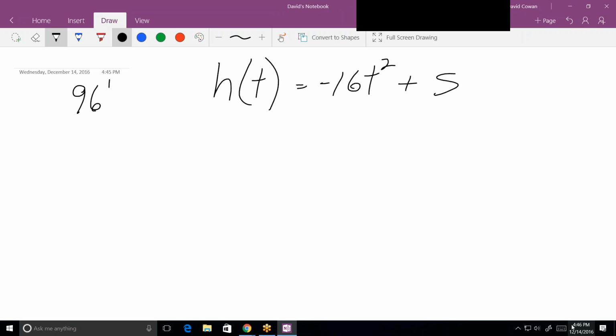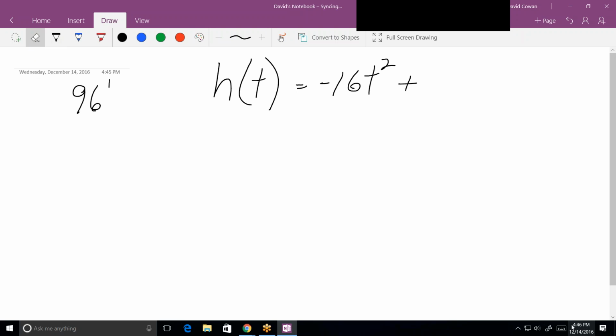H is the ending height and s is the starting height. S is 96 feet. How long does it take for the ball to hit the ground?